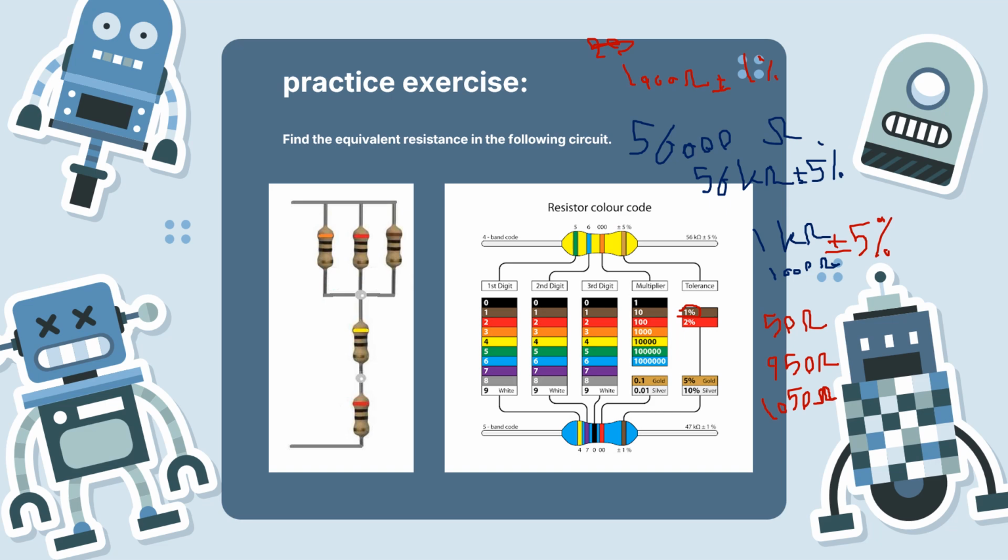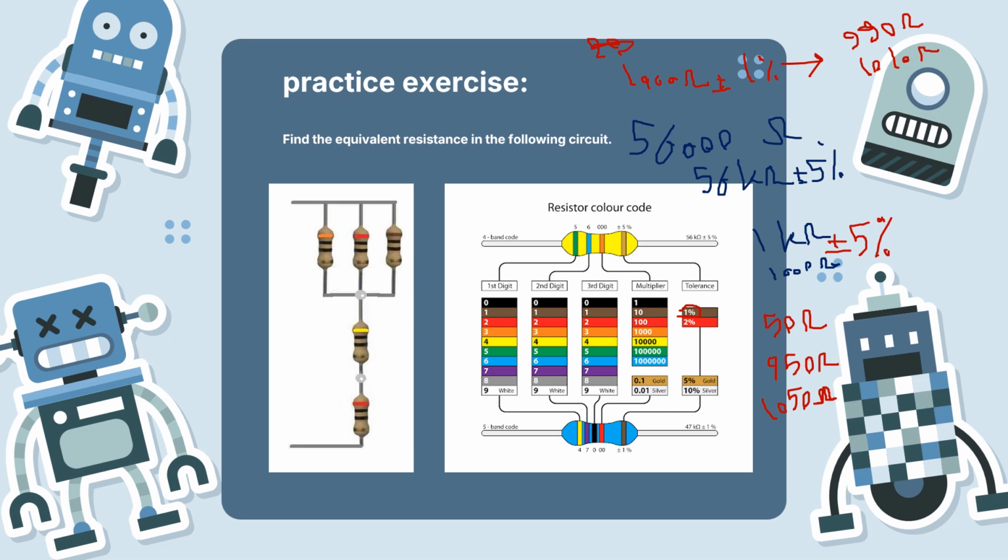It means it can vary between 990 and 1010 ohm. It's more accurate than 5%. So actually, we will practically measure the actual value of resistors with a multimeter and ohm meters in the in-person class, so you can feel it and see what's going on with this kind of numbers.